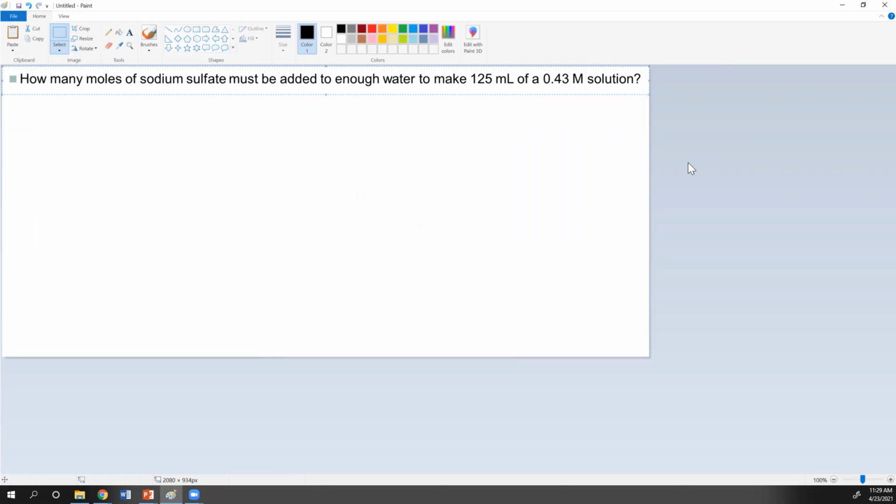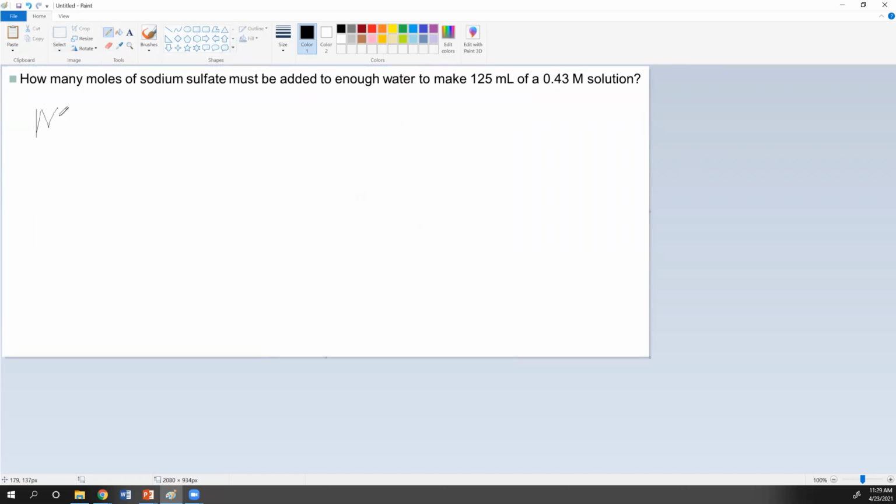As you're writing this, I'll ask the question: moles per liter or grams per molar mass per liter? Which one are you using? The moles per liter. Why? It's not asking for grams, it's asking explicitly for moles, okay?